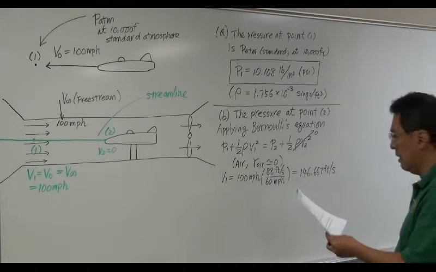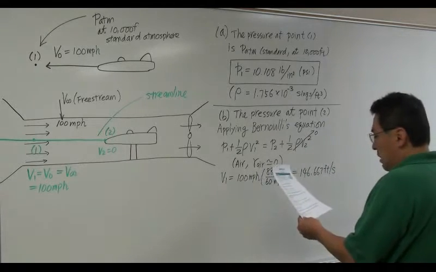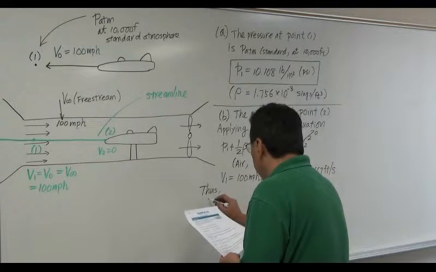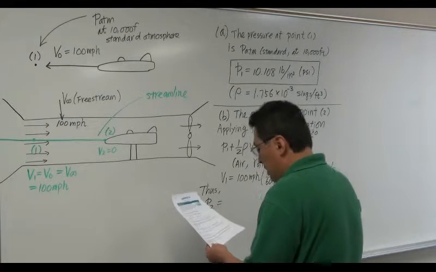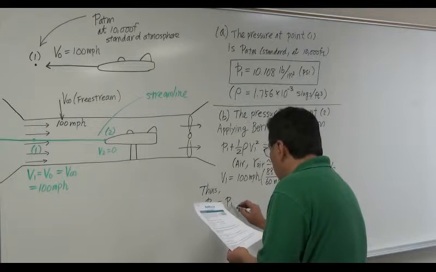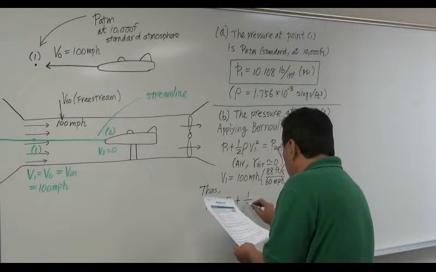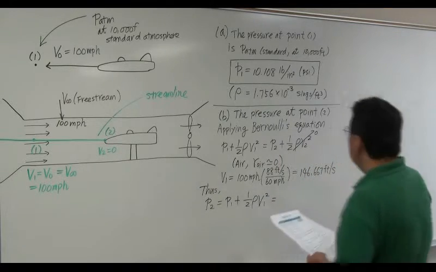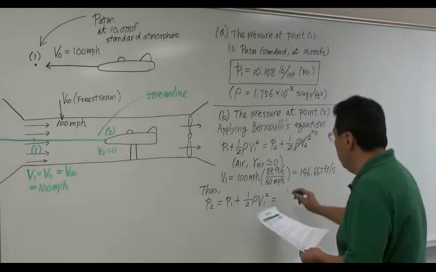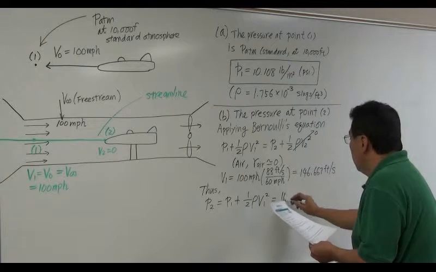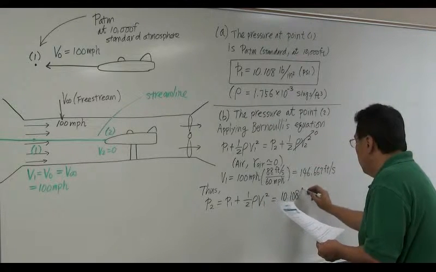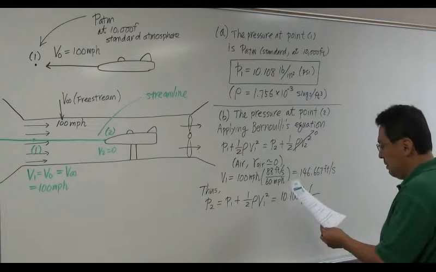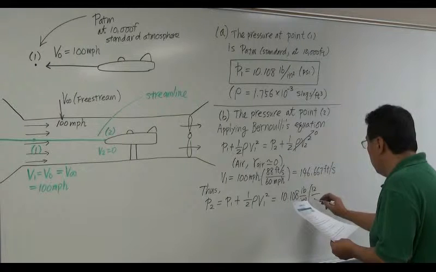That's velocity V1, V2 is of course 0. Therefore, from here you can determine P2. P2 is P1 plus 1/2 rho V1 squared. We do know P1 is this value, 10.108 pounds per square inch. Let's convert this to pounds per square foot by multiplying by 144.